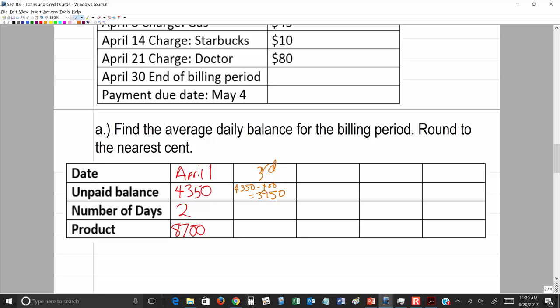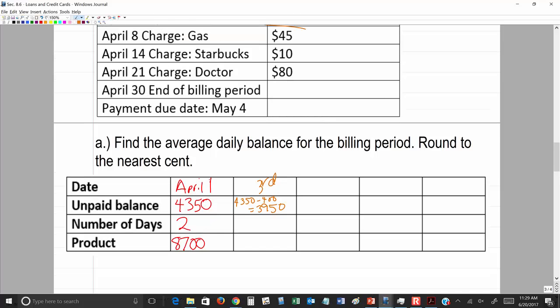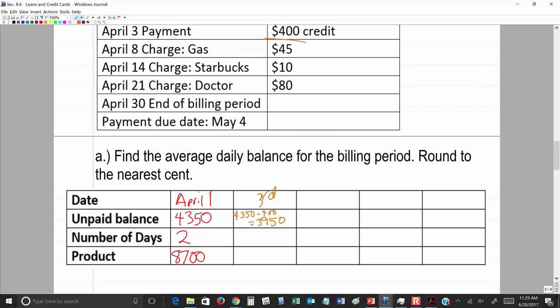The next change occurs on the 8th, so 8 minus 3 is 5. Then you multiply $39.50 times 5, which gives you $19,750.